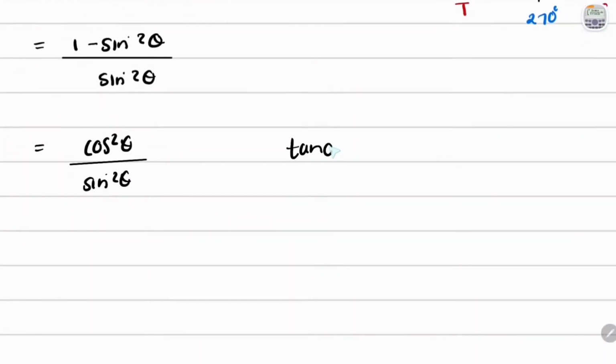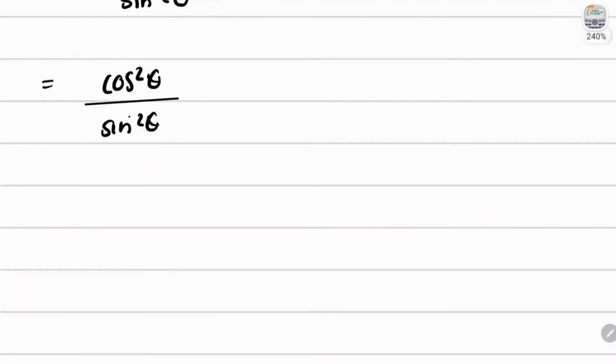Please remember that tan theta is equal to sine theta over cos theta, not cos theta over sine theta, right? So it means that this one is not really going to change unless you want to change it to the reciprocals. Okay, the reciprocals are of sine, cos, and tan. The reciprocal of tan, meaning 1 over tan theta, is the one that's equal to cos theta over sine theta.